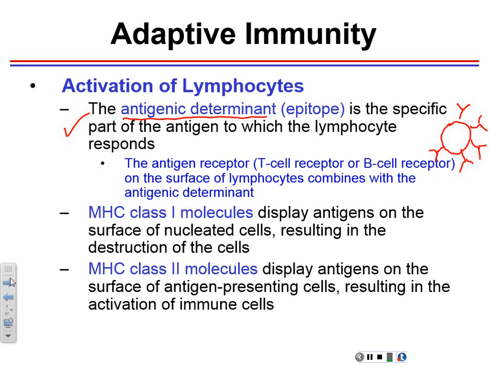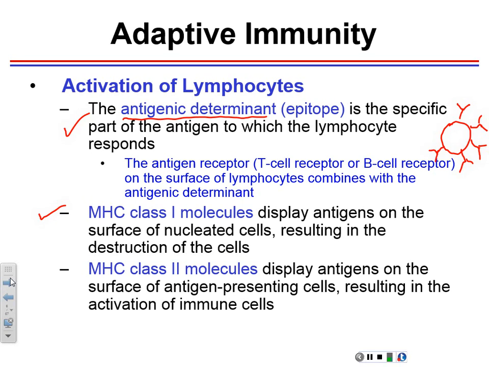IgD and IgM will be located on the B cells as receptors for the antigen. That antigen receptor will recognize the epitope, like an enzyme lock and key. So it only has to recognize the epitope. I introduced this earlier on.